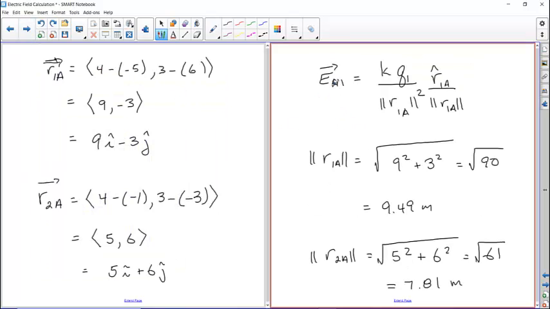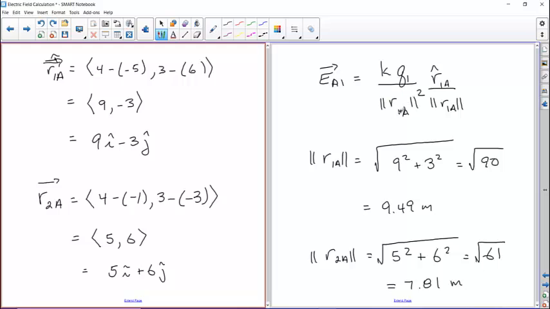Okay, now from a vector standpoint, the equation for the electric field vector is k times q, and there's no absolute value here, times the position vector. I'm using this other terminology with a little hat. So r1a divided by the magnitude of r1a, because this makes it into a unit vector.